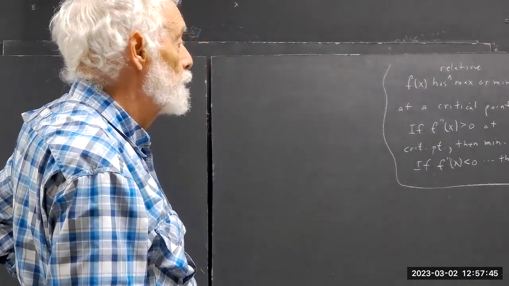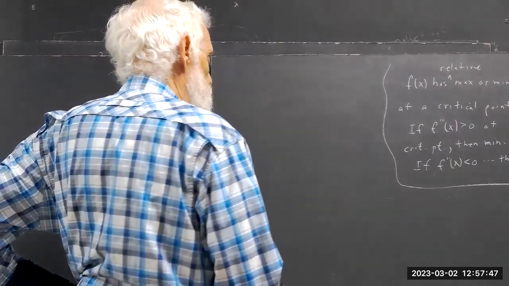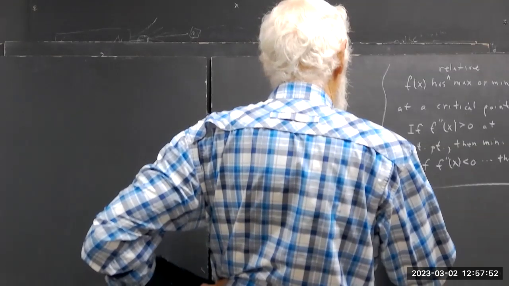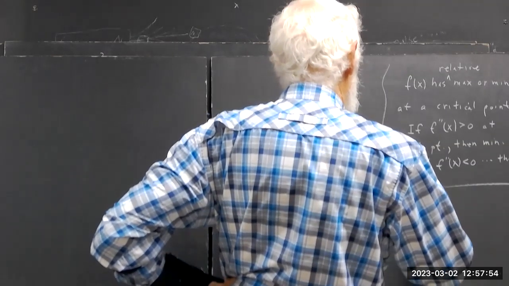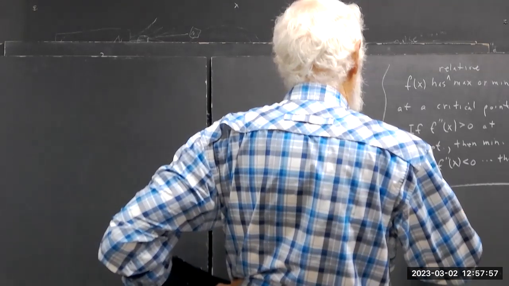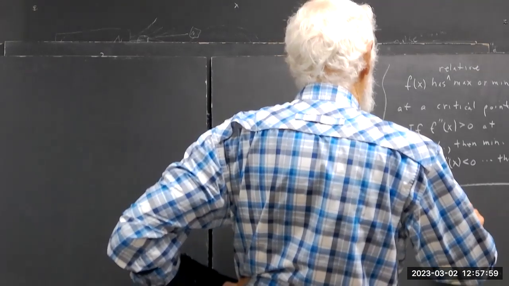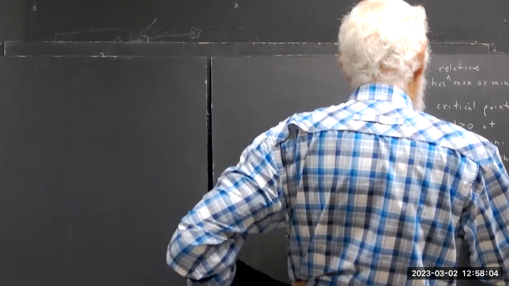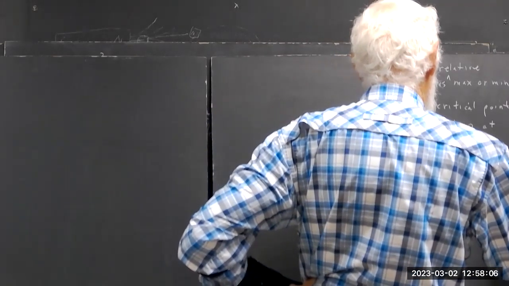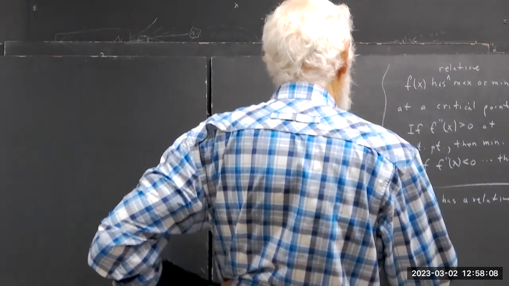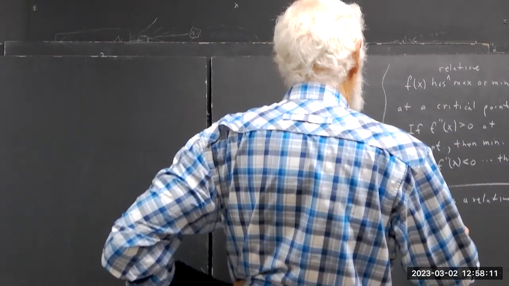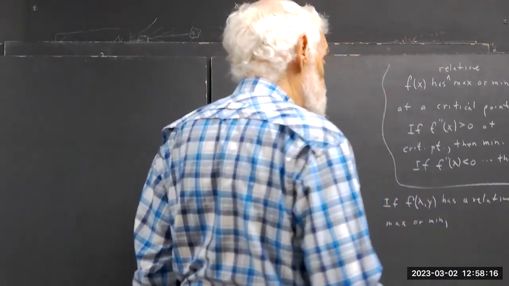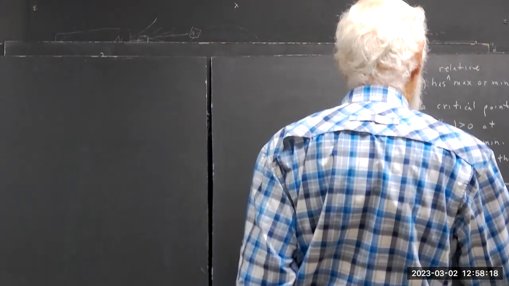If you have a function of two variables, if it has a relative maximum or minimum, it's at a critical point.